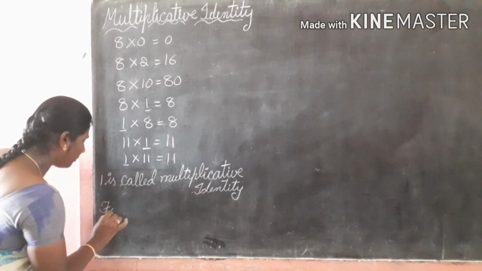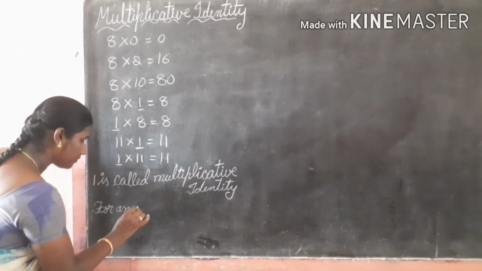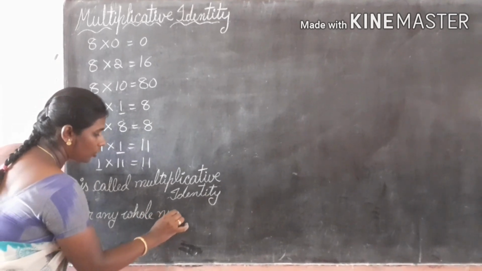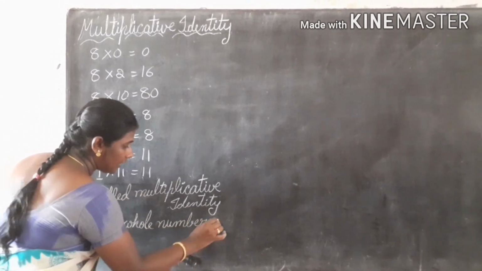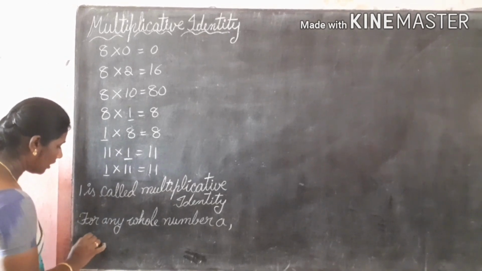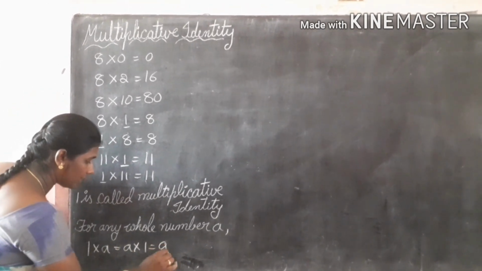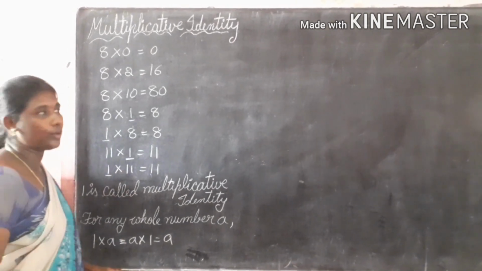For any whole number A, 1 into A is equal to A into 1 is equal to A. This is about the multiplicative identity.